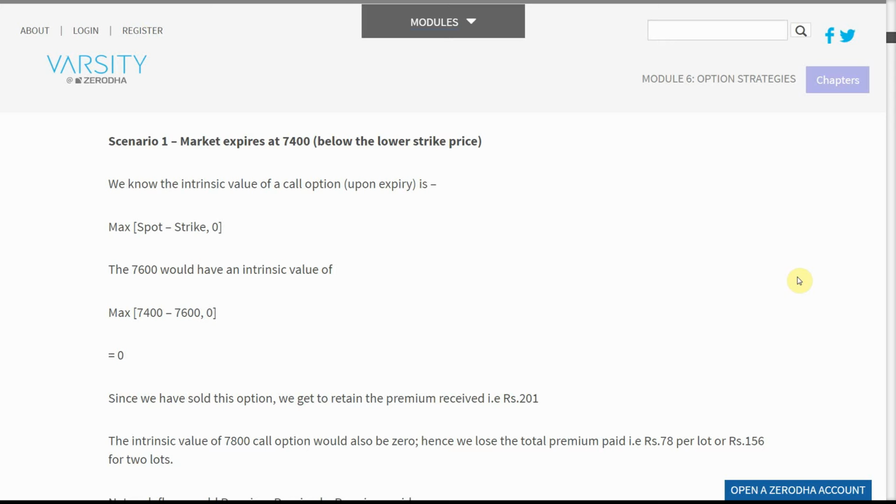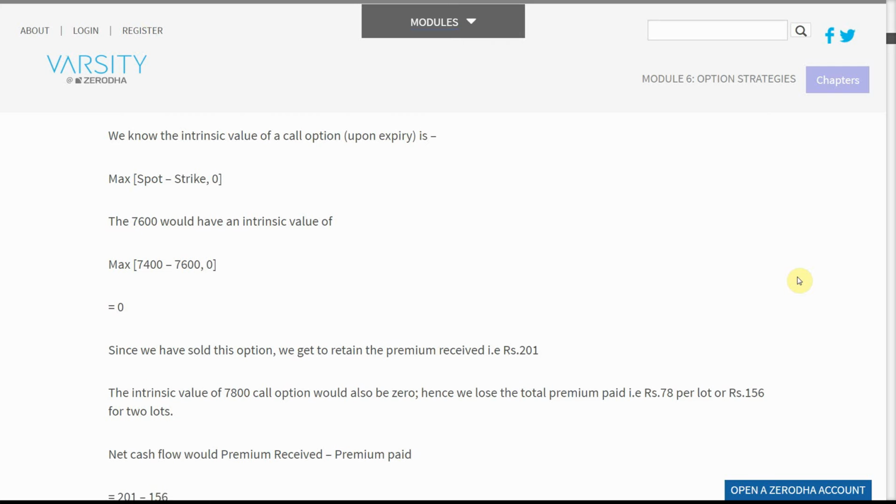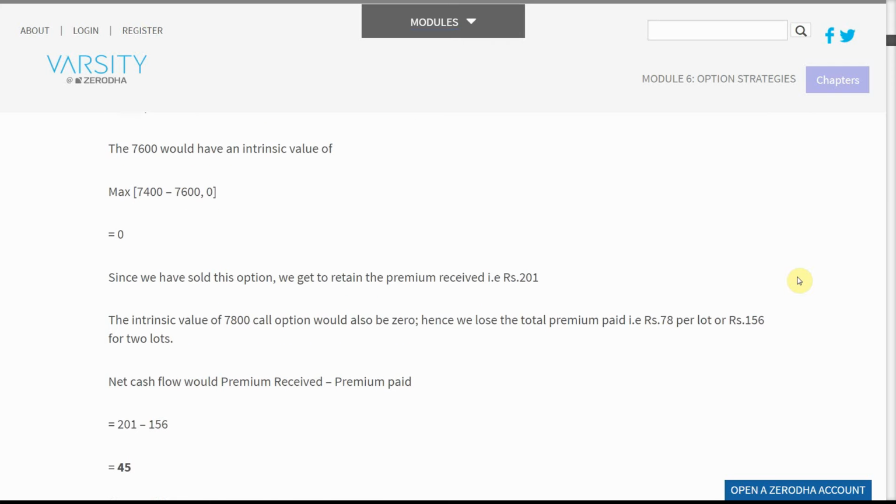We know the intrinsic value of a call option upon expiry is max(spot minus strike, 0). The 7,600 would have an intrinsic value of max(7400 minus 7600, 0) equals 0. Since we have sold this option, we get to retain the premium received, i.e. 201 rupees.